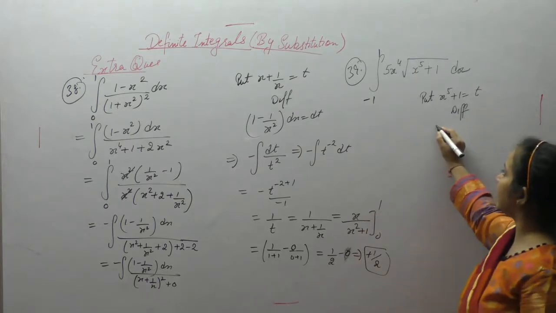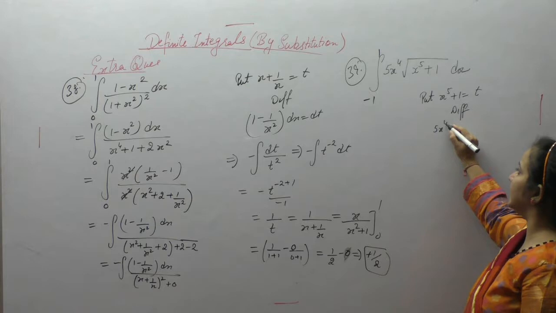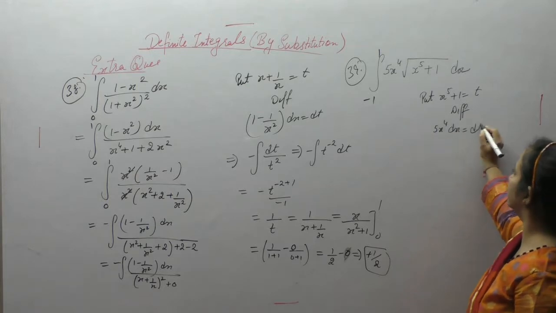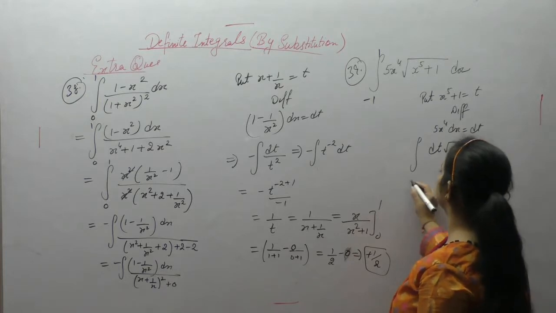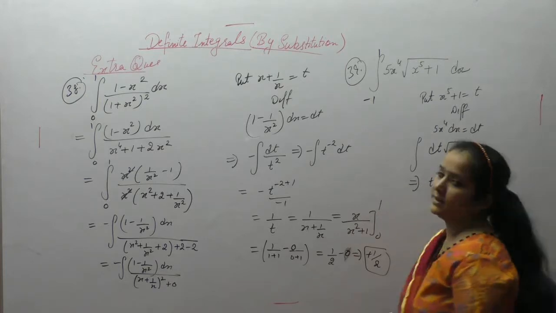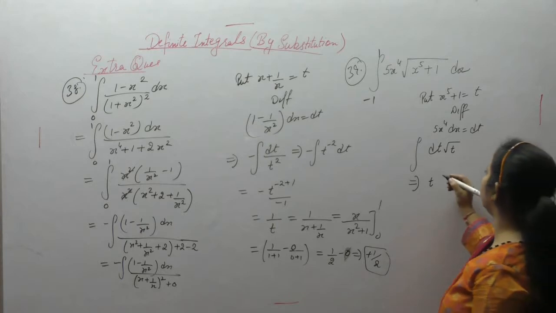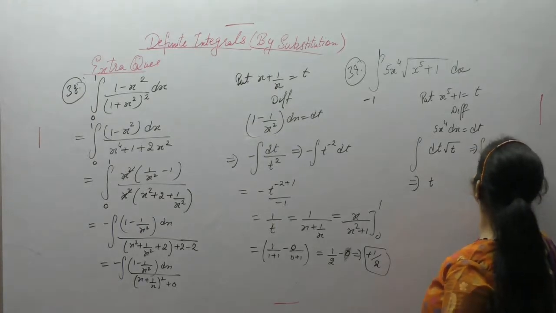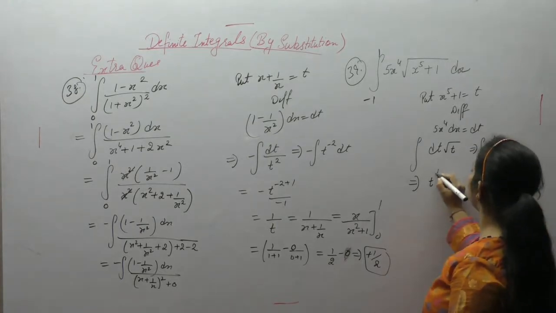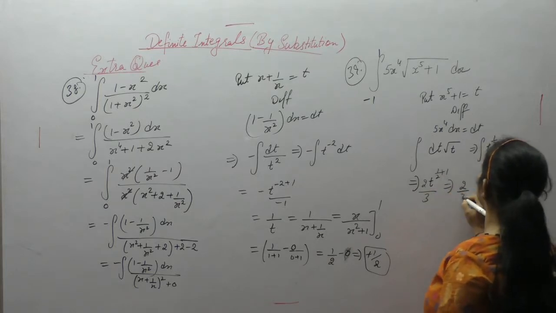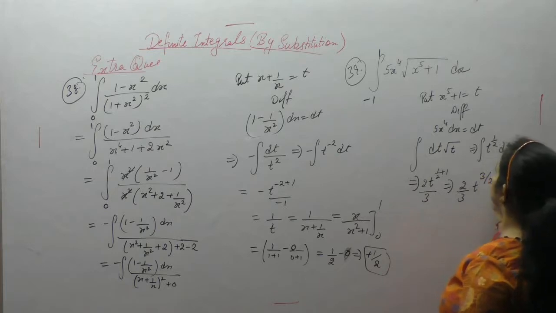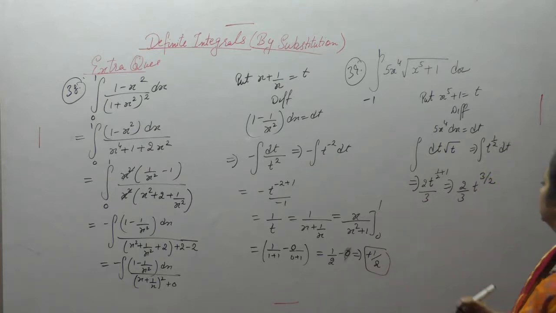Derivative of x5 is 5x4 and derivative of 1 is 0. So dt into square root of t, that is t power 1 by 2. 1 by 2 plus 1 is 3 by 2, so 2 by 3 t power 3 by 2.